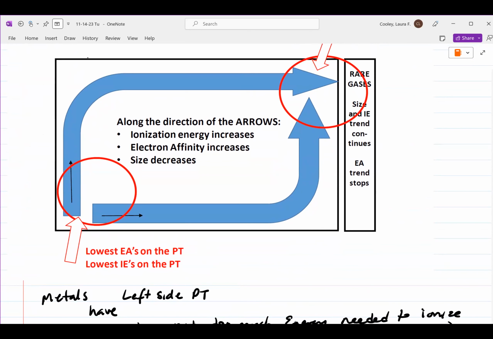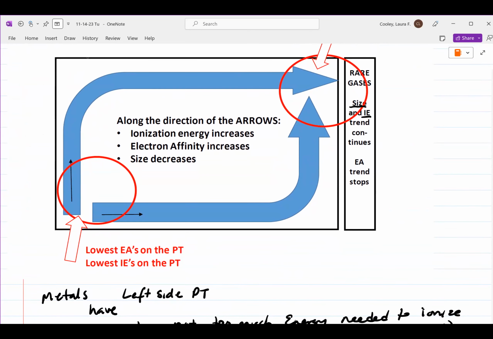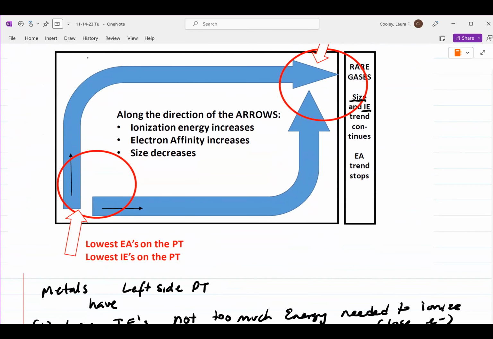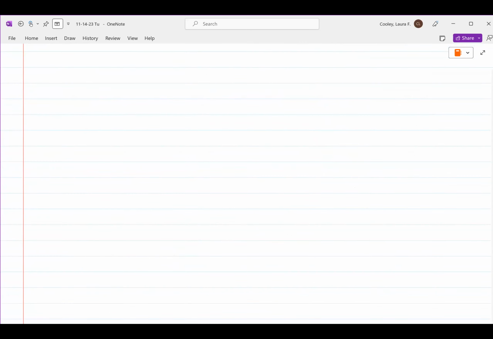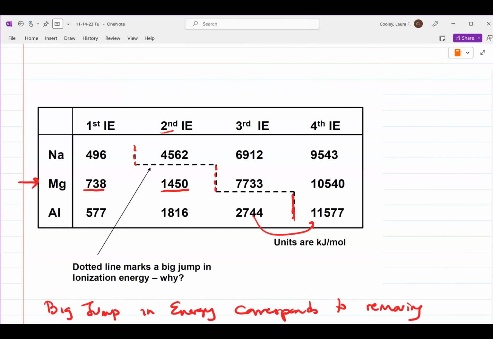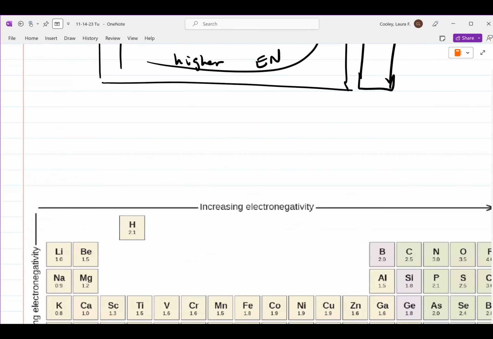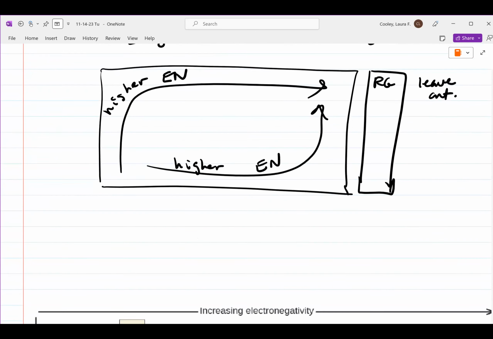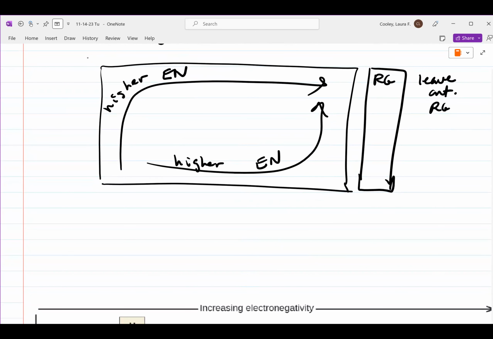While the size and ionization energy trend continues through the rare gases, the electron affinity trend stops. That is to say, a rare gas does not really want extra electrons. So the trend stops before the rare gases, and the same is true for electronegativity. So leave out the rare gases.